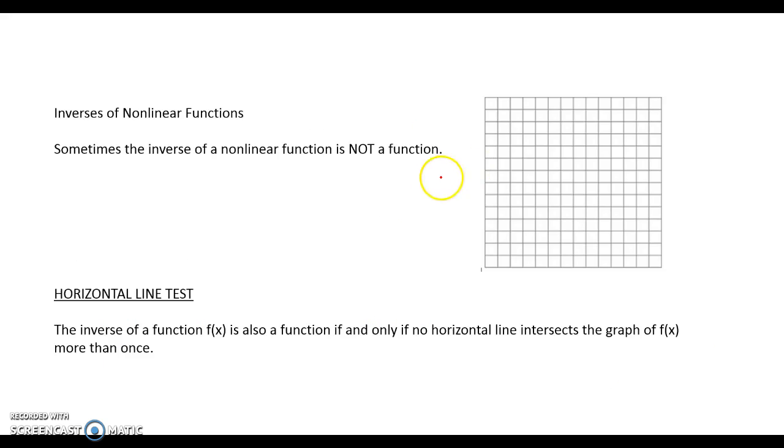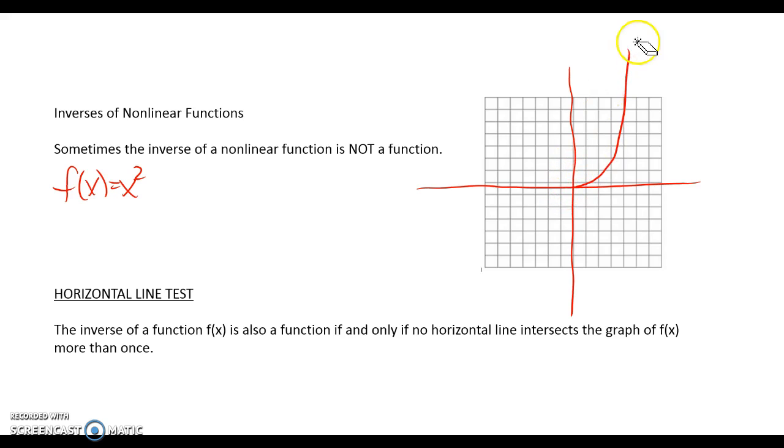So let's say I want to see what the inverse of a nonlinear function is. Let's do a quadratic, x squared. That's approximately something like this. Let's put some numbers in it: 1 is 1, 2 is 4.